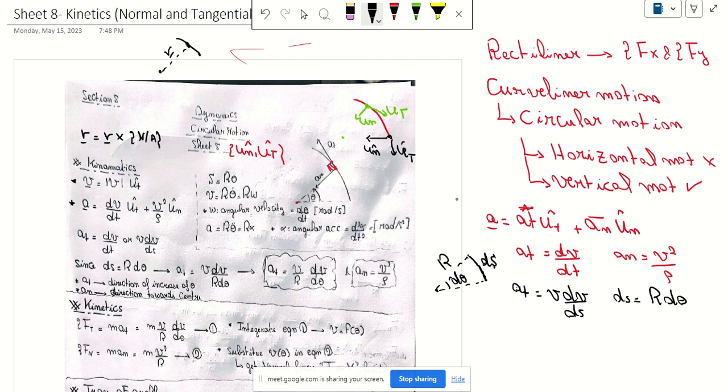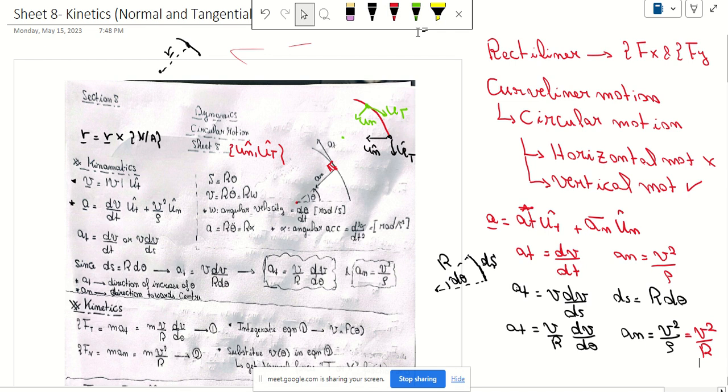Okay, so at will be simply v over r dv by d theta, and this is a third form for the at, and an will be the same always, which is v squared over rho, and we could say that this rho is equal to r, because we are moving on a constant circle, so rho is always constant with a constant radius.